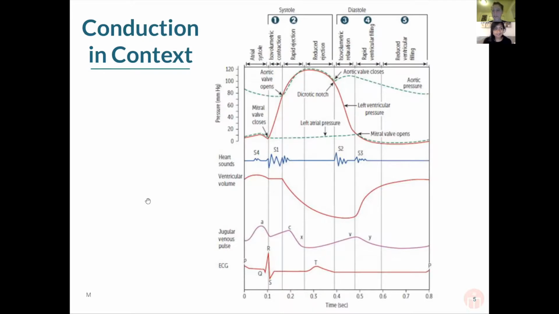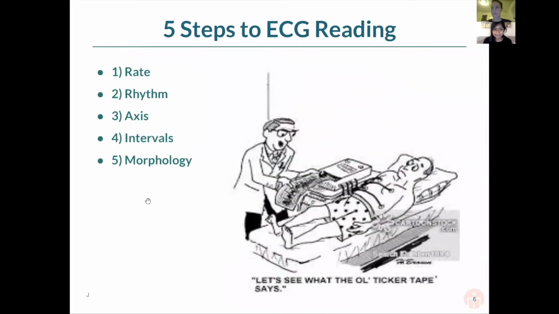All right, thanks, Sana. Okay, so then let's talk a little bit more about how to actually read an EKG. You'll see all these shapes and amplitudes, and it can be very confusing and overwhelming when you're just staring straight at an EKG if you don't have a great rhythm or way that you go about interpreting an EKG.